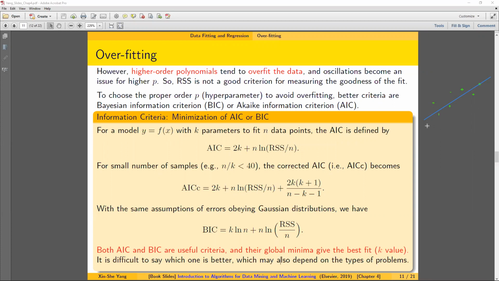And then there's another possibility. Instead of using this linear regression, we can just connect all the dots, and our estimated function is like that.